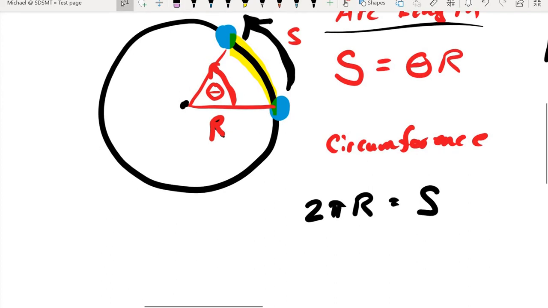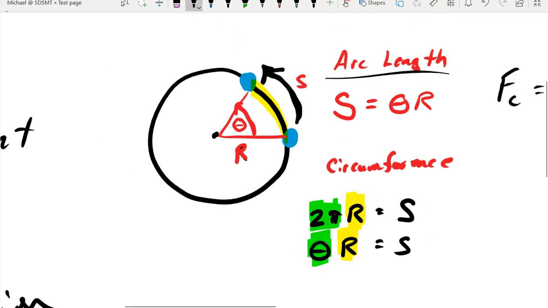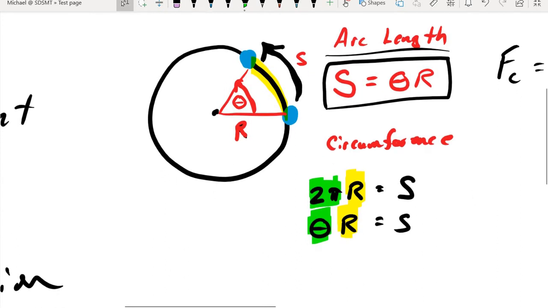If we relate this to the expression that we have up above, where arc length has to equal theta r, well, we already have r. So I guess that means that theta has to be the angle that we sweep through. And so that's actually where we get our circumference equation, is that we're using the arc length expression. Like we said, we want to get away from the physical measurement.